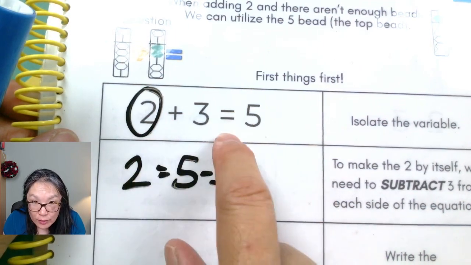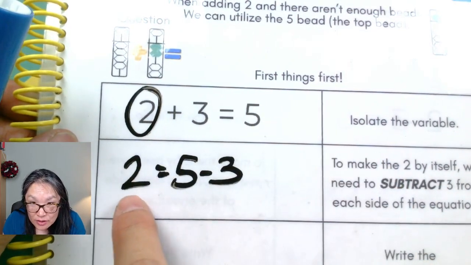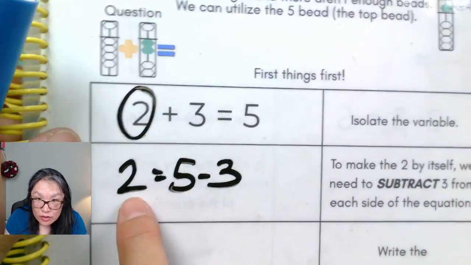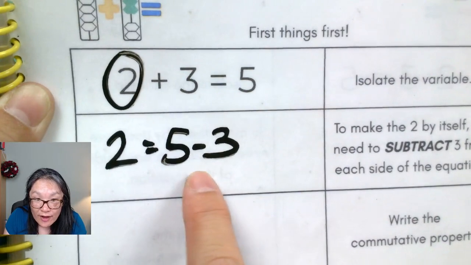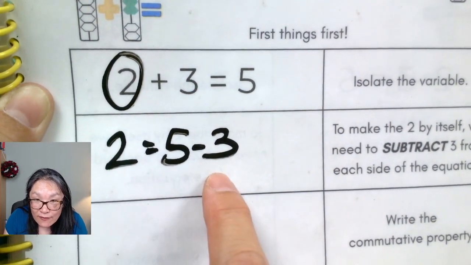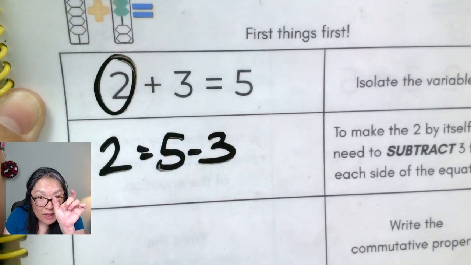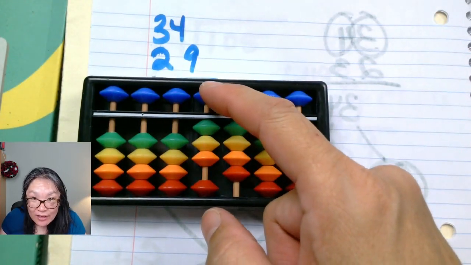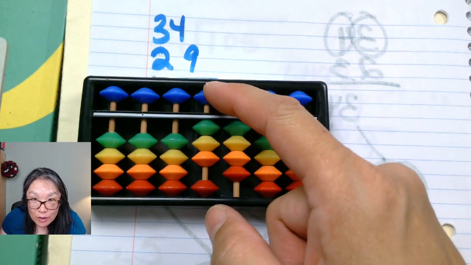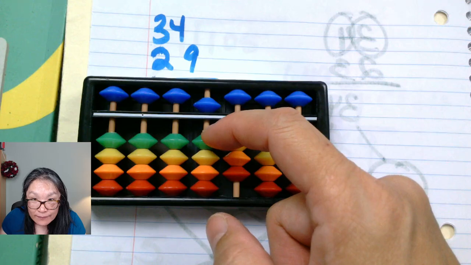We're going to change it and we're going to isolate the variable. We're going to isolate the 2 because what we're looking for is this 2. What's another way of adding a 2, right? To add another 2, I want to plus the 5 minus the 3. When I plus the 5 minus the 3, that is what I'm substituting. How do I know? Because now I'm utilizing this 5. I'm going to plus the 5 minus the 3, right?